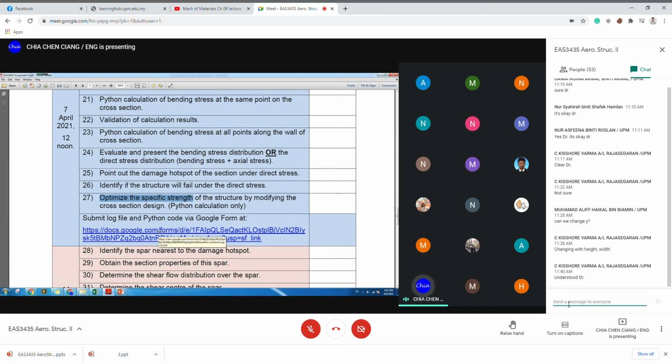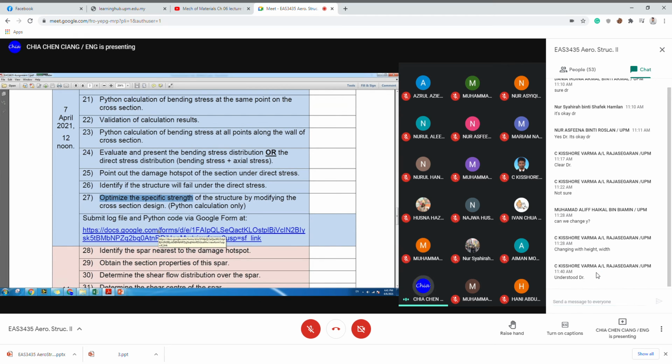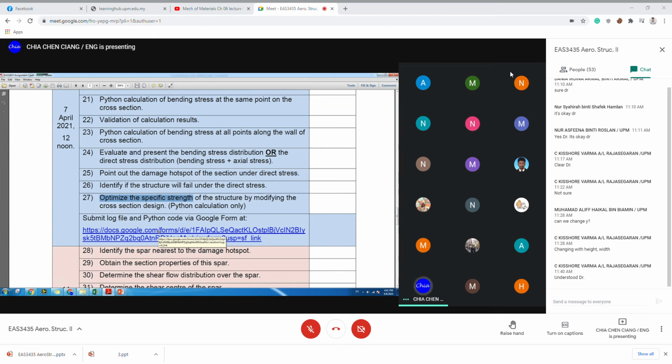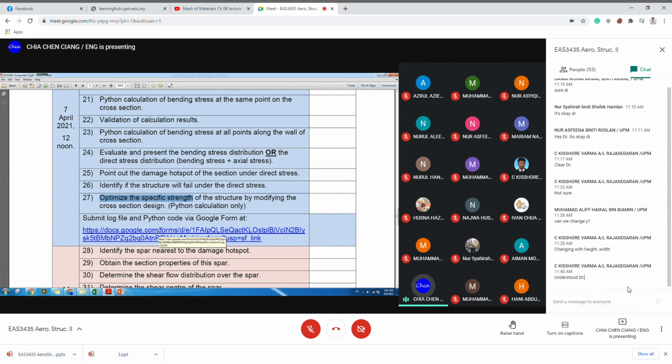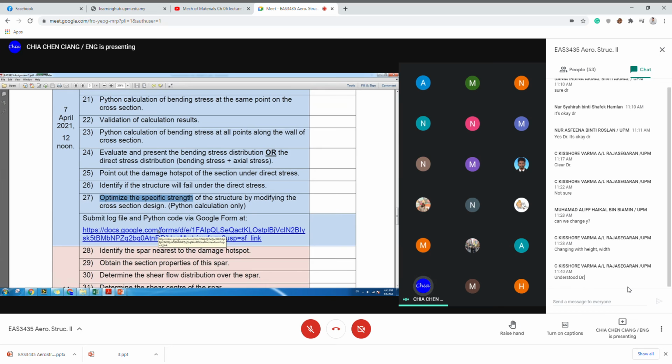But in aerospace, we don't have that freedom or luxury. We need to keep our specific strength high. That is high strength, low weight. So that's why for optimization here, we have two directions. Number one is, under item number 26, you find that the beam, the wing will fail, for example.